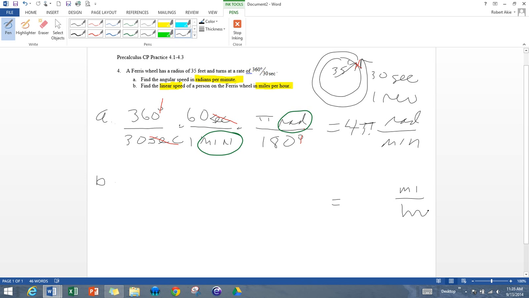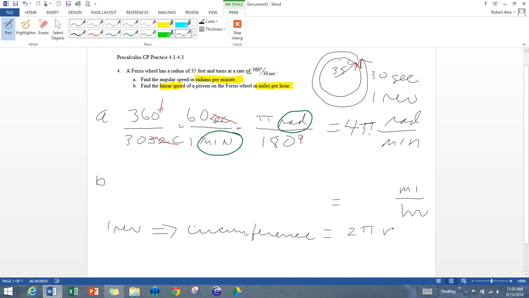And for this problem, we need linear speed. So if you look at the Ferris wheel, in one revolution, that corresponds to the circumference of the circle. And we know to find the circumference of a circle from your earlier studies, that's 2 pi r.